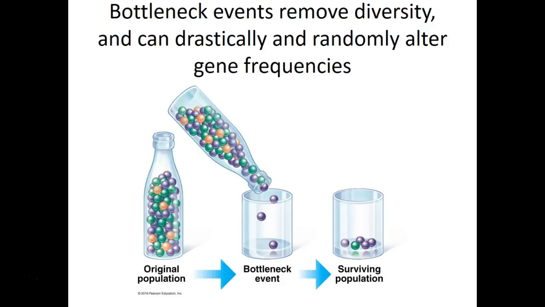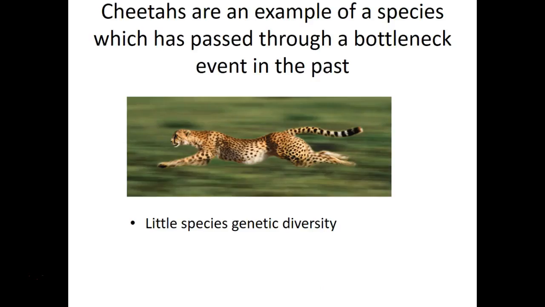Is that good for a species? Certainly not. It makes a species very vulnerable to extinction when conditions change. When a pathogen shows up and there's no genetic diversity, then if one gets sick, they're all going to get sick, right? If they're genetically identical. Doesn't that seem likely? So cheetahs are an example of a species which has passed through a bottleneck event in the past.